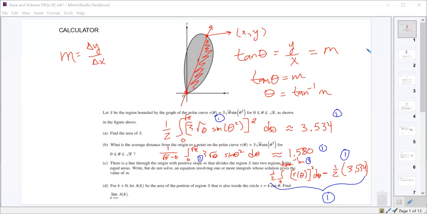All right, and then the last one says, for k greater than 0, A of k is the area of the portion of region S that is also inside the circle r equals k cosine theta. Find the limit as k approaches infinity of A sub k. All right, so what does k cosine theta look like?